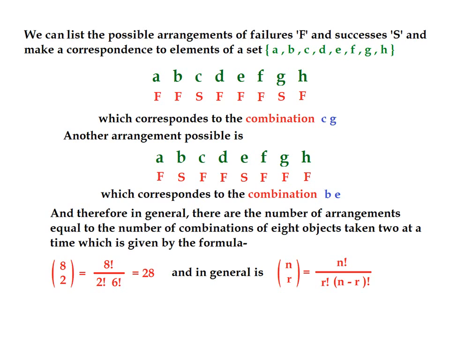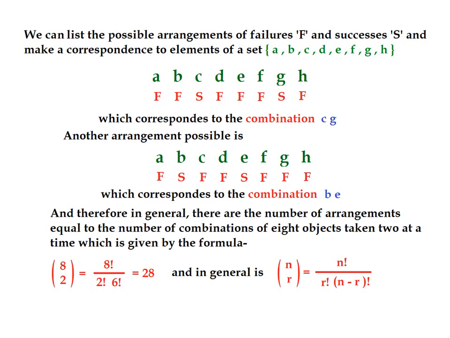Another example of this simple concept is shown here. Let's suppose that the success was on the 2nd throw of the die and on the 5th throw of the die. This arrangement of failures and successes would correspond to the combination BE. How many combinations are possible?